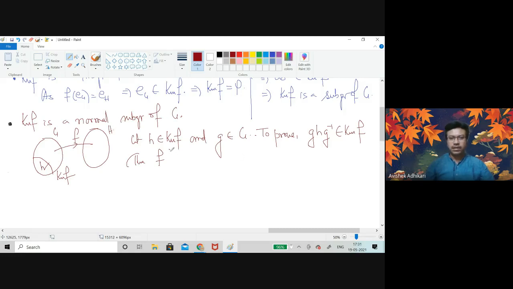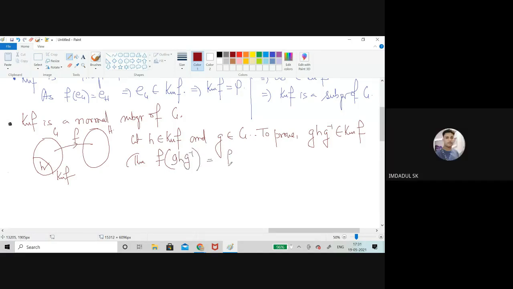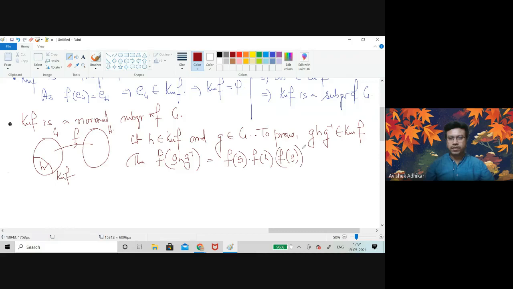So let us try to check what this value is. Then f(g) dot f(h) dot f(g inverse), which is f(g) inverse, right? And what is this h? Since h belongs to the kernel of f, f(h) must be e_H. So f(g) into e_H into f(g) whole inverse.